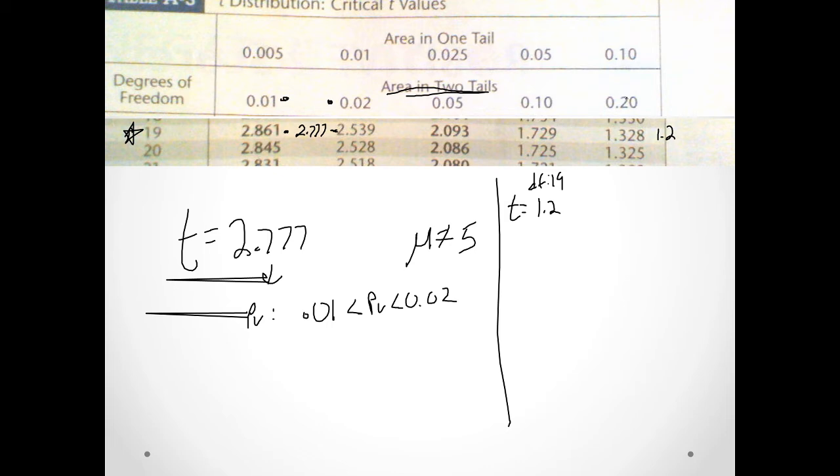As my t-score goes down, my area goes up. So I would say that 1.2 would probably be more than 0.2. So the p-value of this would be bigger than 0.2. I don't know how much bigger, but I know that as my scores are going down, my area, my p-value, is going up. So therefore, 1.2 should be bigger than 0.2. I don't know about how much, but I know it should be bigger than.